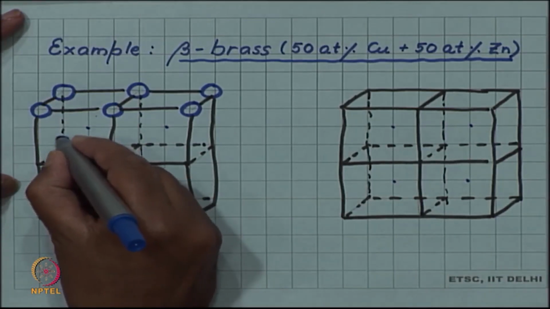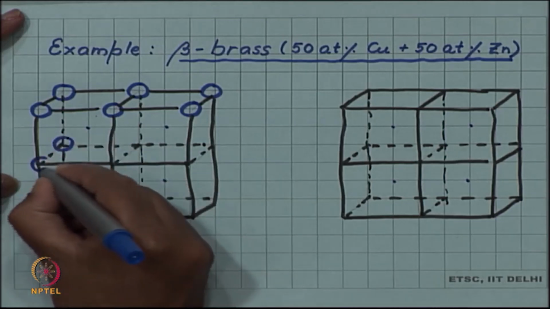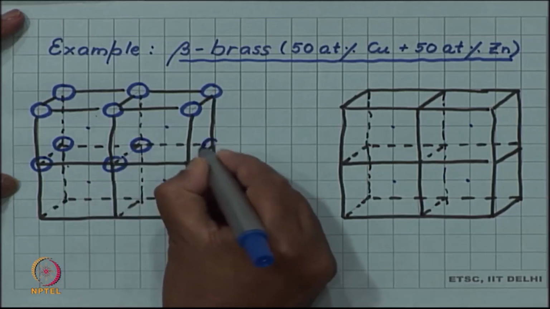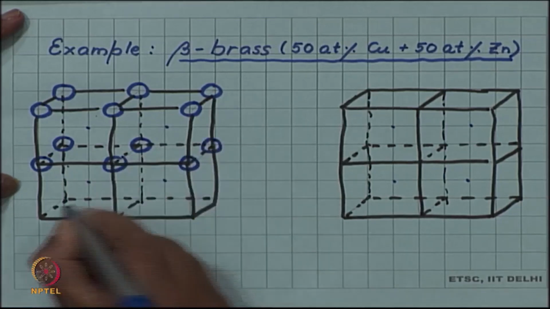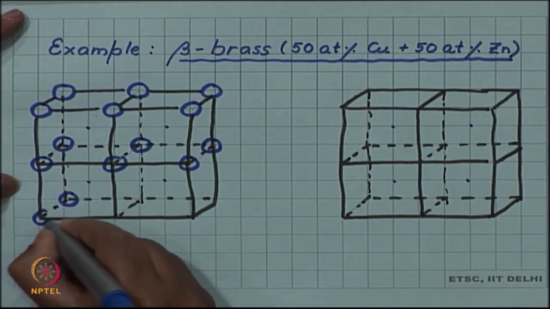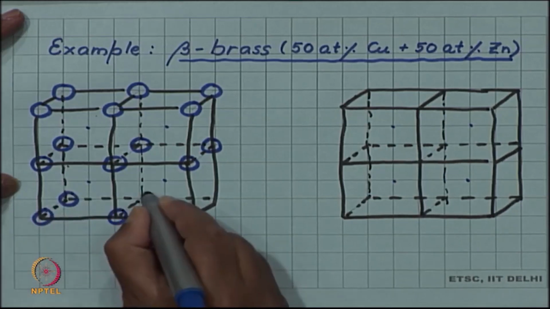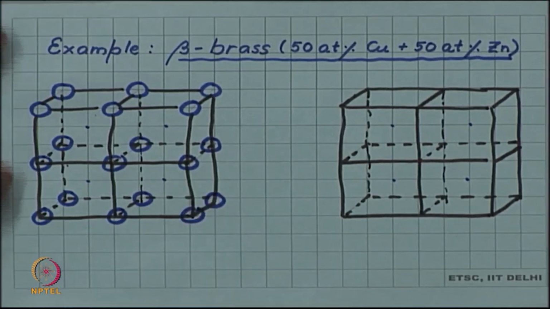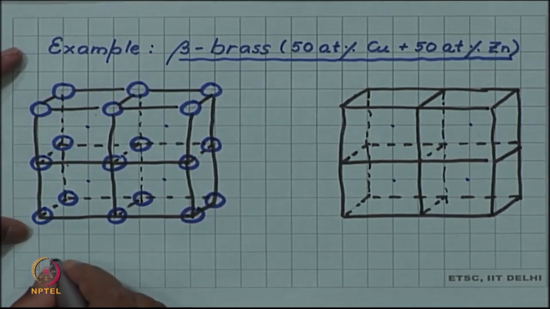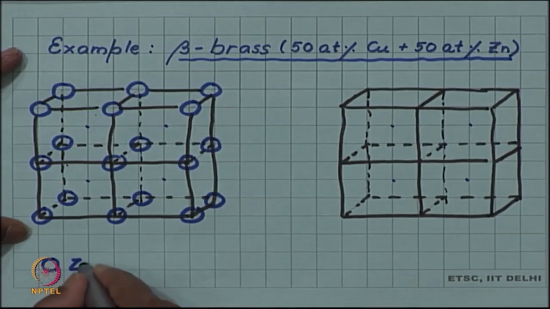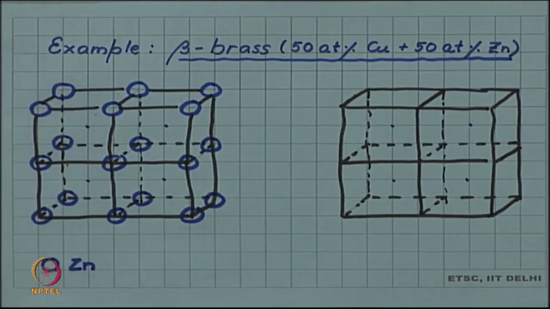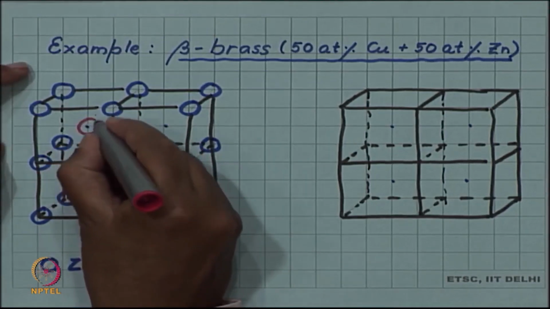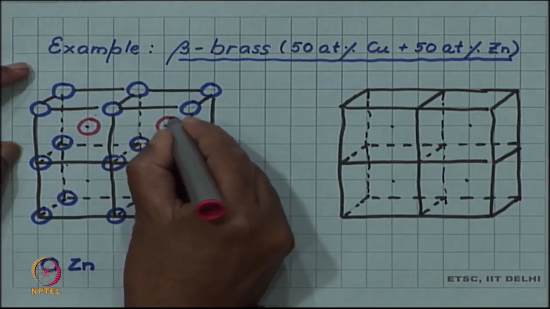and let me decide to place one kind of atom, let us say the zinc atoms, all at the corners. So, I populate all the corners by zinc atoms, whereas I populate all the body centers by the red copper atoms.